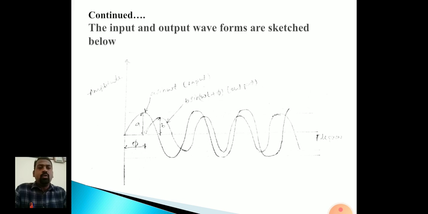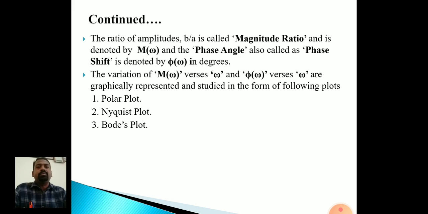In the output waveform, it is not starting from the origin, it is some distance from the origin, which is taken as phi, the phase angle or phase shift. That is the input waveform, and that is the output waveform. Once again the frequency remains the same, with respect to the x-axis.